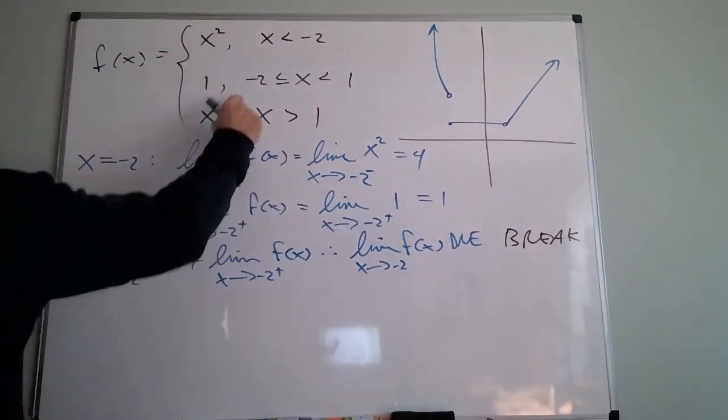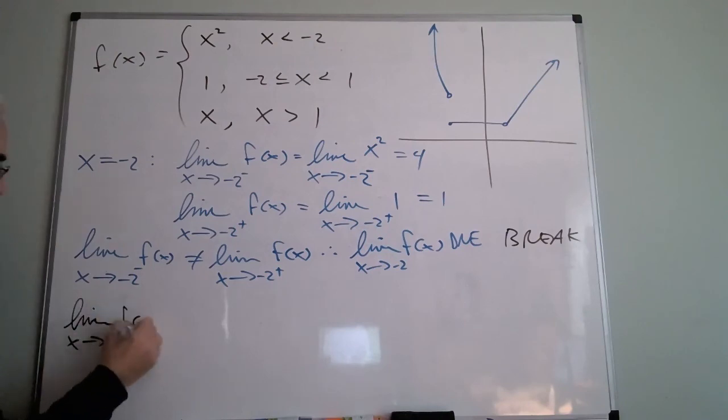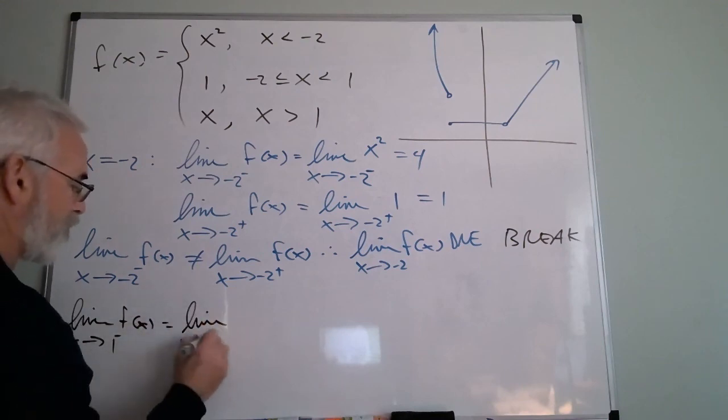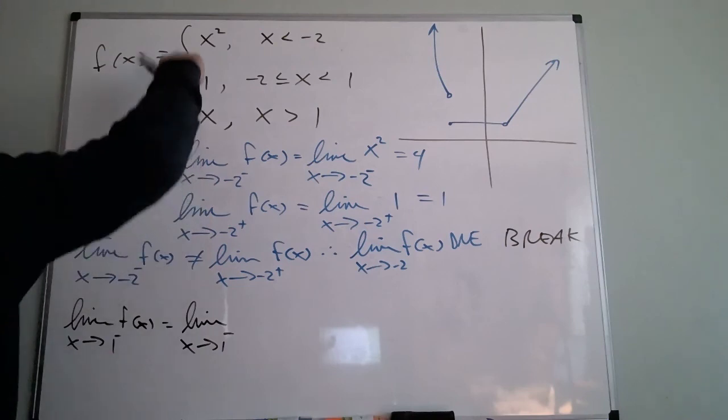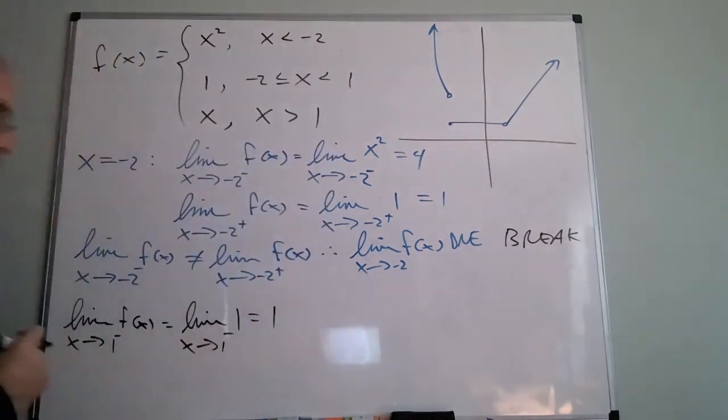So now let's consider the limit at 1. The limit as I approach 1 from the left of f of x: from the left means I'm approaching it along the horizontal line, and that's just 1.